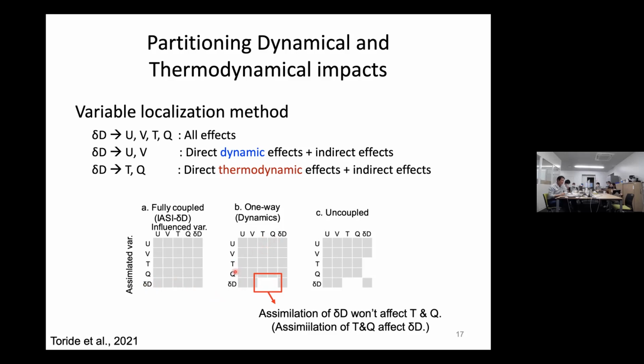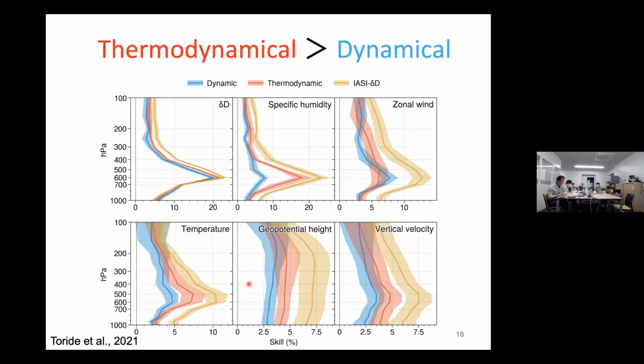But vice versa, T and Q influence delta D. So actually, this figure is showing the impacts of dynamics because we turned off the impacts to temperature and humidity, and vice versa for thermodynamics. So by using this method of localization of variables, we can identify or quantify the impacts of each variable on the different fields.